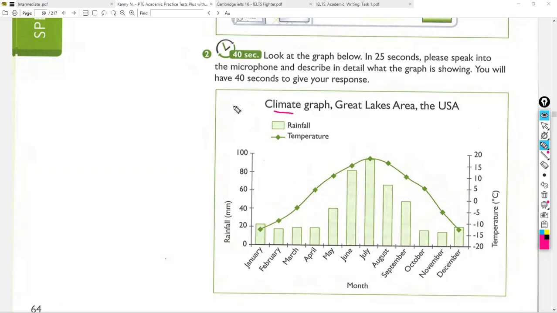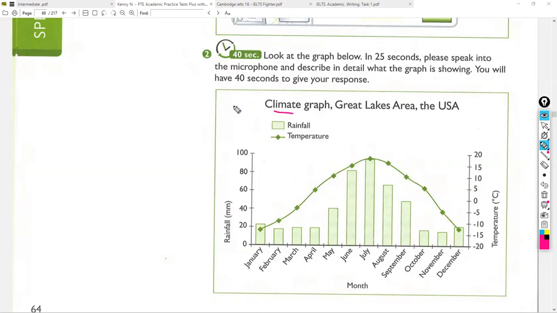So from January until April, we can see the rainfall, or the millimeter, is approximately the same.